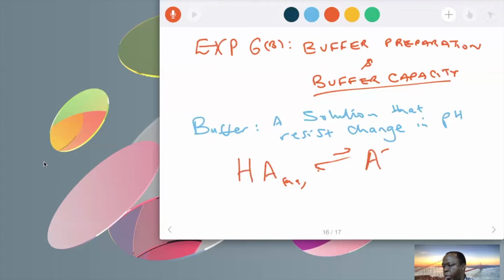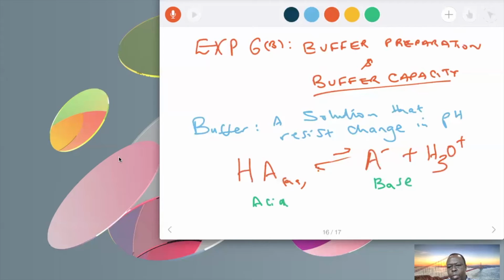With its conjugate base and conjugate acid, we may have this exist as hydronium ion because it doesn't want to exist in H2O. This is a weak acid. Here is the acid, and here is the base.